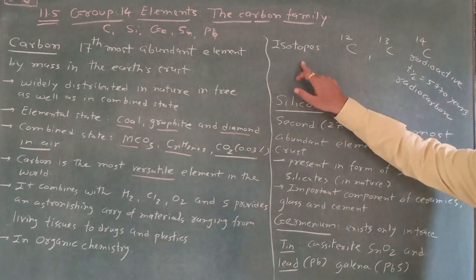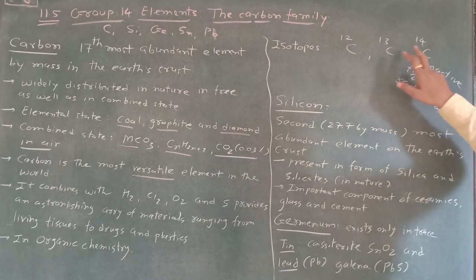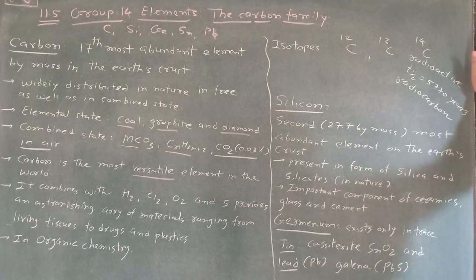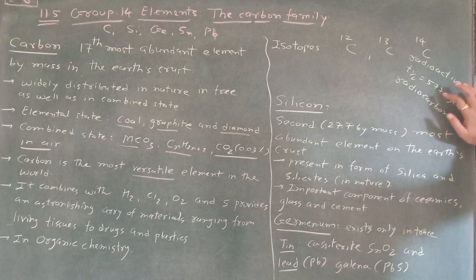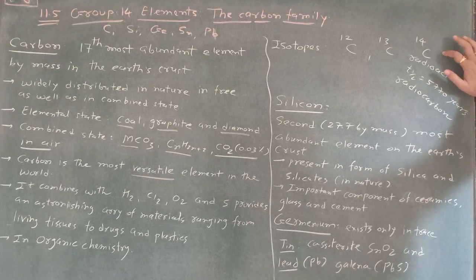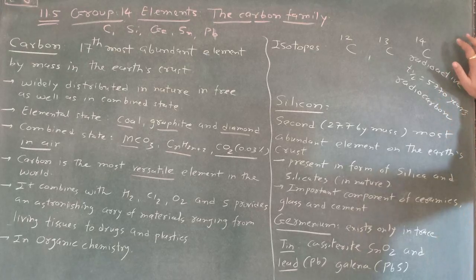Isotopes: here C12, C13 and C14. These isotopes are observed, and C14 is considered a radioactive element, or radioactive carbon. Its half-life period is 5770 years. Remember this radioactive carbon, C14, which is very important in chemical kinetics, to know the age of any ancient or old material, which you will learn later on.